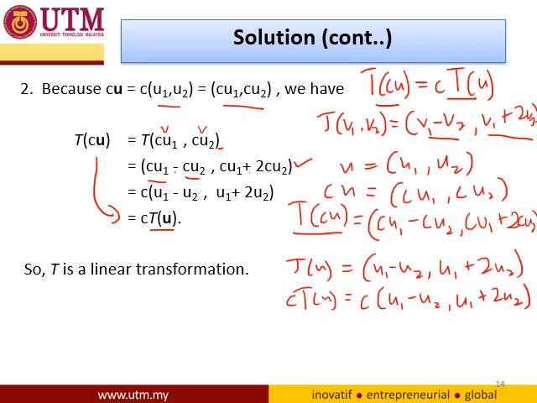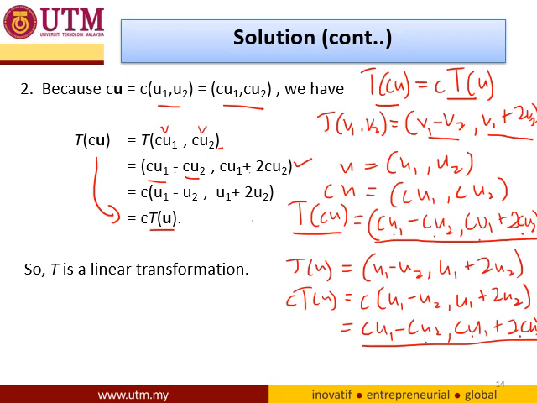Alright, so you will get your answer cu1 minus cu2, cu1 plus 2cu2. So if you look at the answer between these two, cu1 same, cu2 minus cu2, and then cu1 plus 2cu2 plus 2cu2. So it is the same.